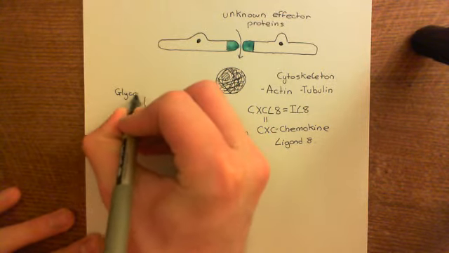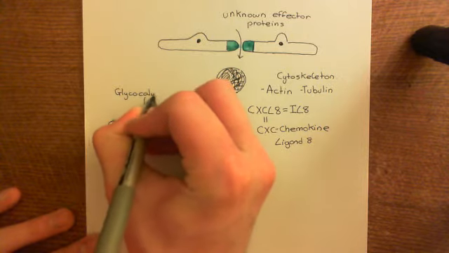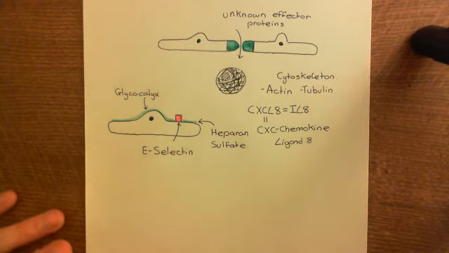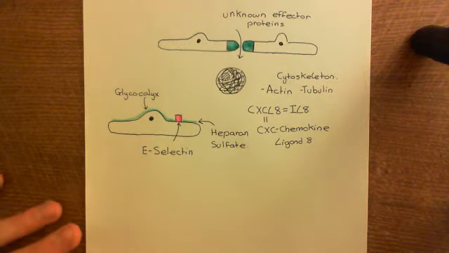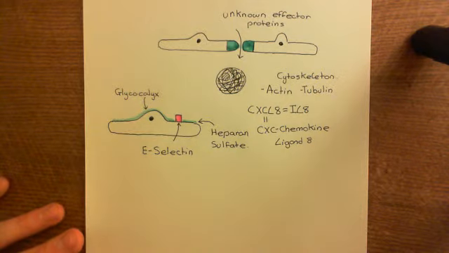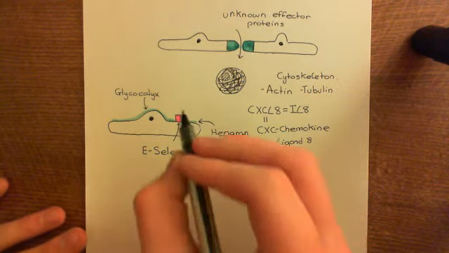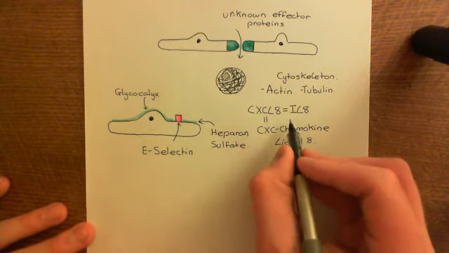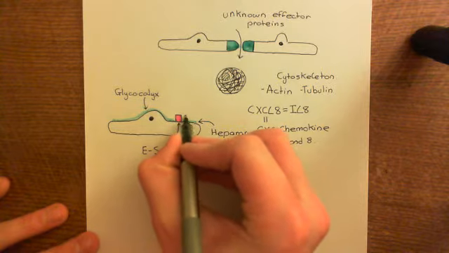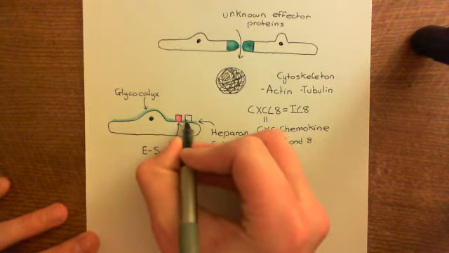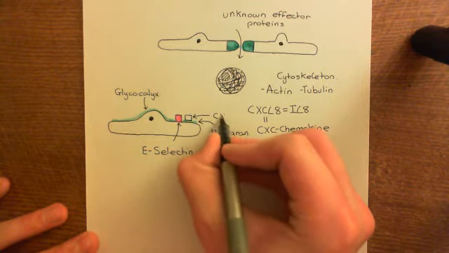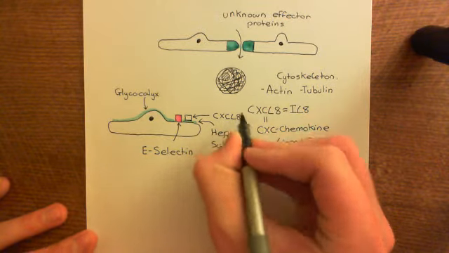Okay, so it's over all endothelial cells within the bloodstream, and it's really more something like a slime, basically, that lines the endothelial cells. Now, basically, one of the components of this glycocalyx is heparan sulfate, and this CXCL8, this CXC chemokine ligand 8, is going to get attached to the heparan sulfate within the glycocalyx. Okay, so this here, this is CXCL8.